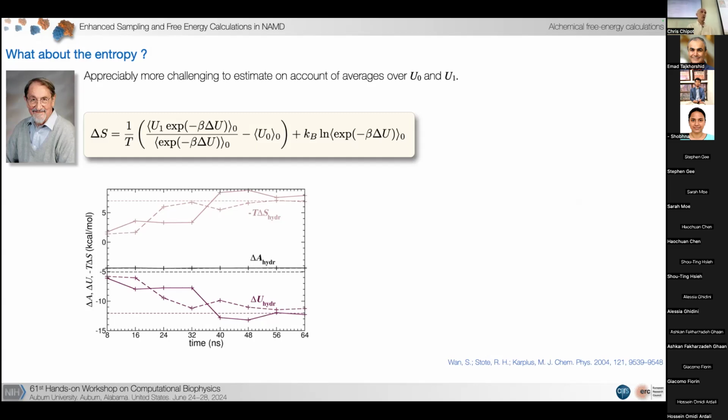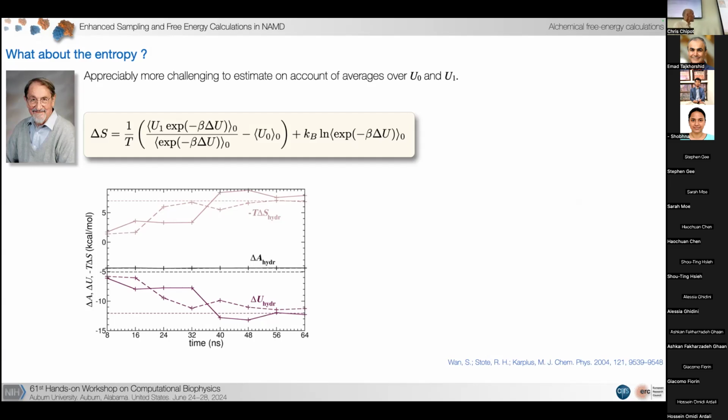In the Zwanzig formula, you're dealing directly with the perturbation term, the difference between, let's say, state 1 and state 0. But here you're dealing with U0, so you have everything. You also have your solute-solvent and your solvent-solvent interactions. So that's going to take a while to converge.